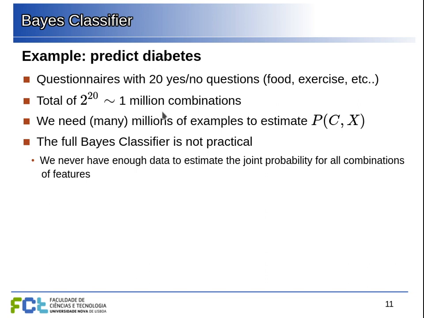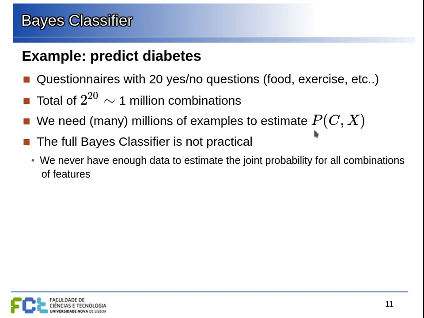So suppose that we have 20 questions. Each one can be answered with yes or no. And now we're going to use the answers to those questions to try to predict if a person will have diabetes or not. So if we have 20 questions, even with only yes or no answers, we have around 1 million combinations. That's 2 raised to the power of 20.